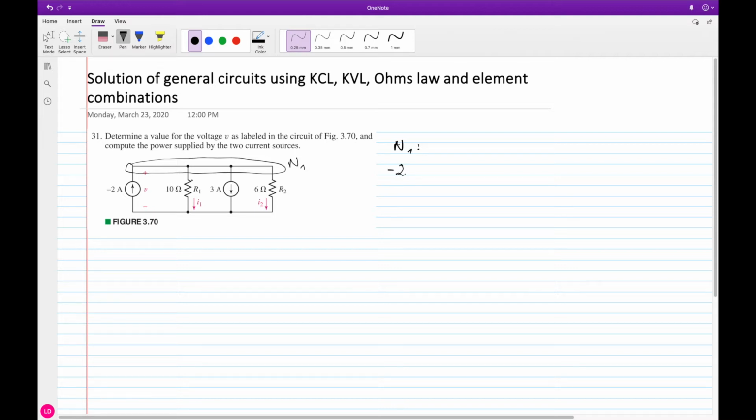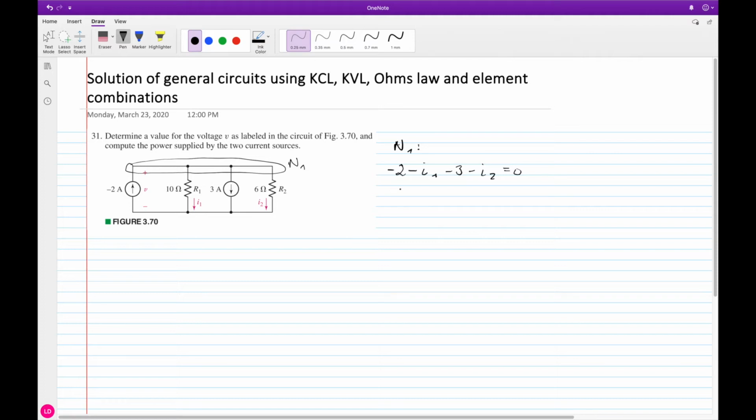Now the current that is going in right here is negative I1, as I1 is going out. So negative I1 is going in. Then we have -3 amps and negative I2. This should be equal to 0. Now notice that if I were to take the outgoing currents, I would get the same expression except multiplied times -1, and that makes no difference.